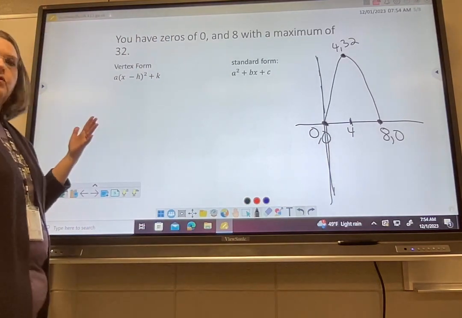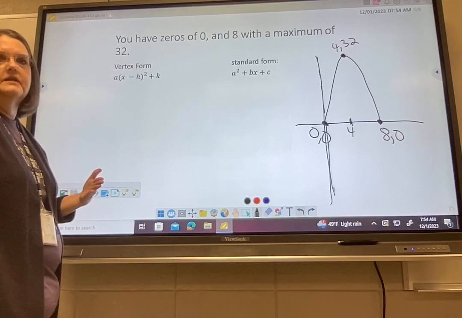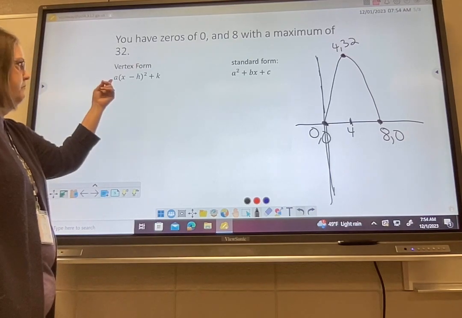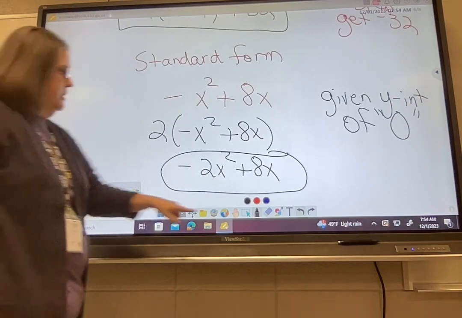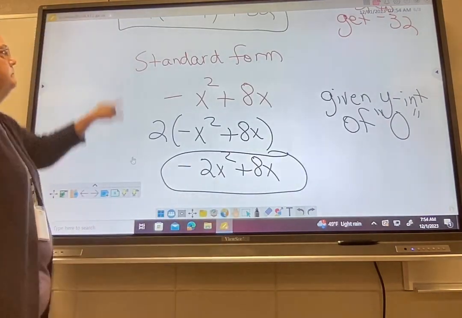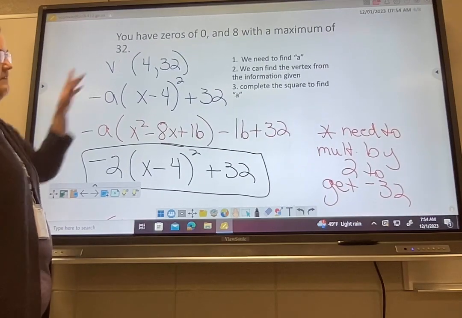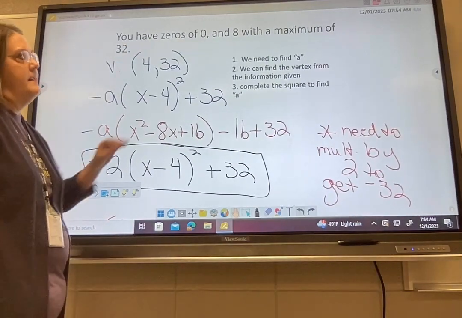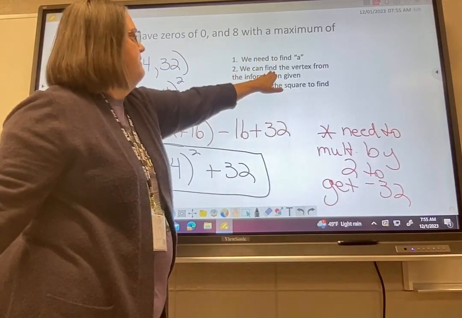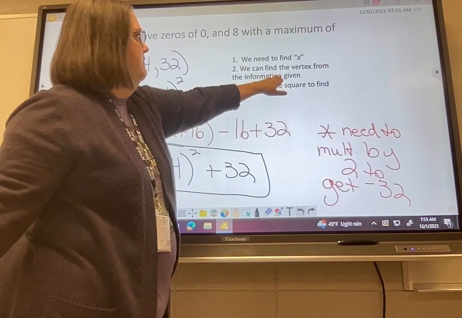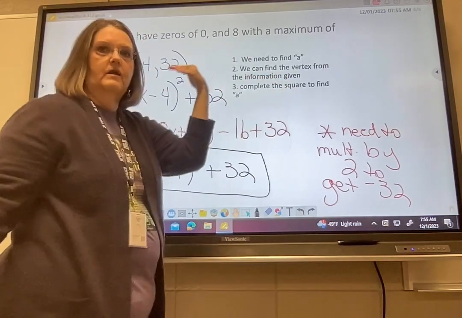So we're going to go from there and develop a standard form and a vertex form of the equation, because I'm looking for a. I don't know what a is. That's our goal, and we can find the vertex form from the information that is given, and I did that on the last slide.